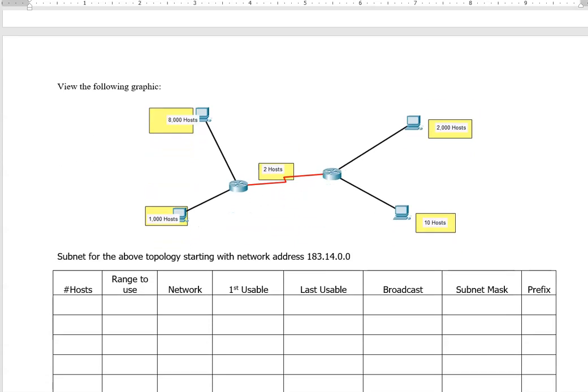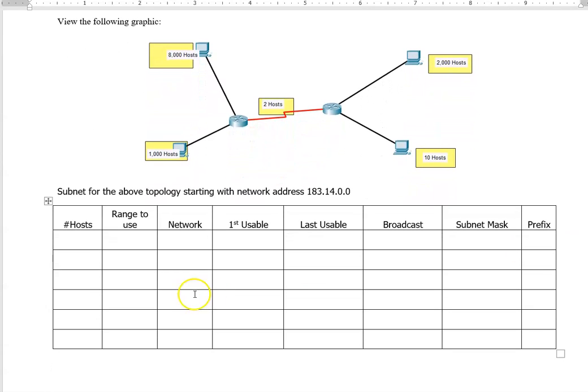Looking at the subnetting exercise, note the numbers of hosts required: 8,000, 2,000, 1,000, 10, and 2. I'll write these numbers in on my chart, adding 2, and remember we always start with the largest number first.